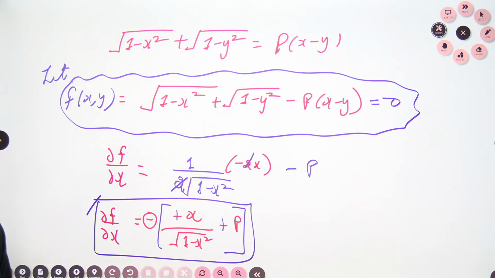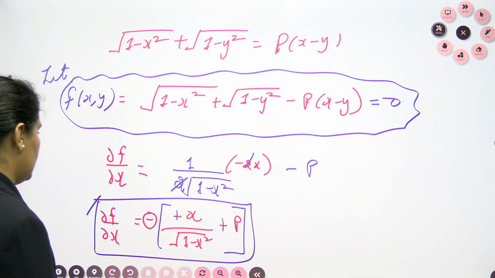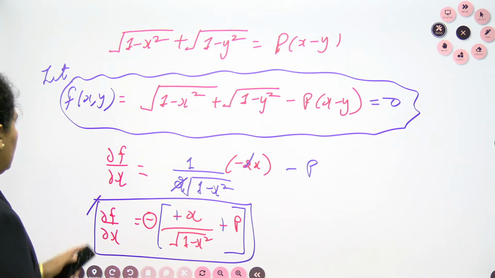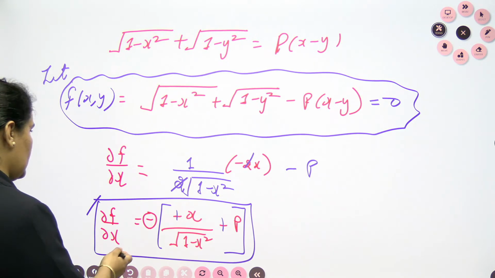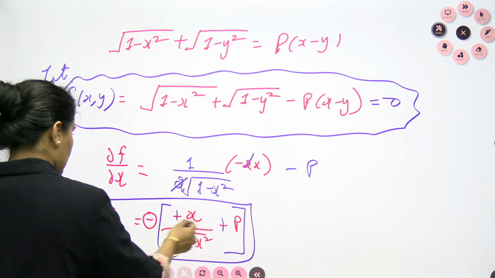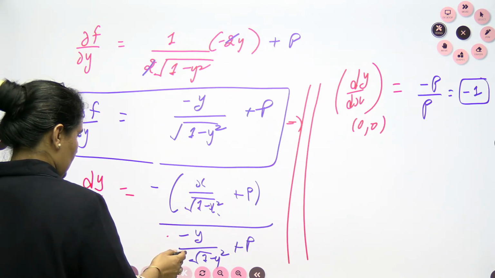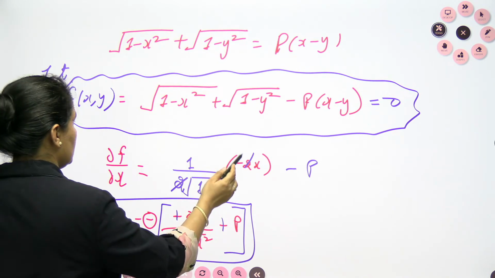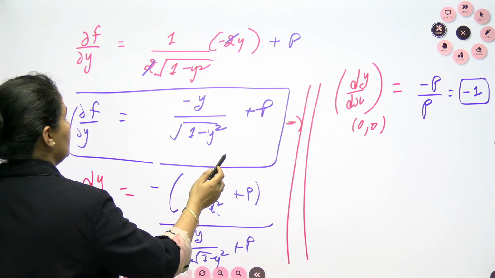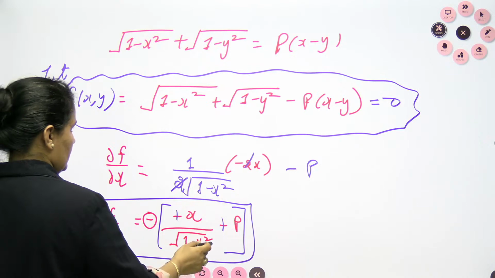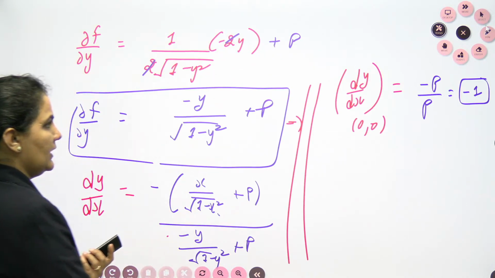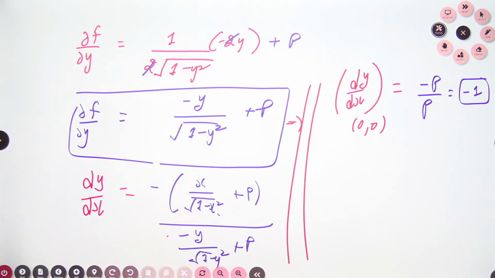Wait a minute, I just approach the negative. When we take negative, this is minus p, and this is also minus. Okay, so we can write down the result as minus 1.